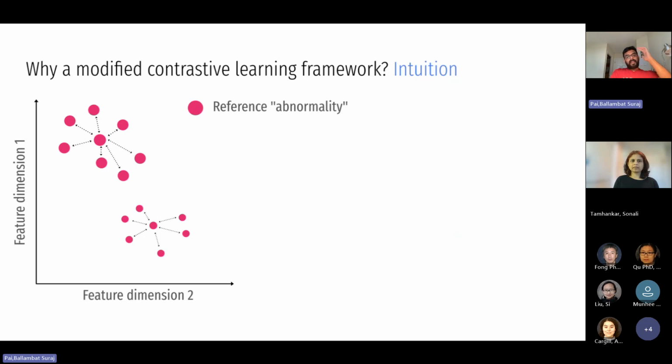If you look at the original SimCLR style contrastive learning framework, if you're looking at a lesion or some sort of reference abnormality, then you try to learn that every instance is separate from the other instance. So similar instances might also be grouped together.